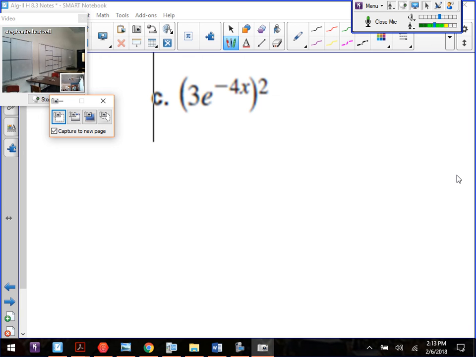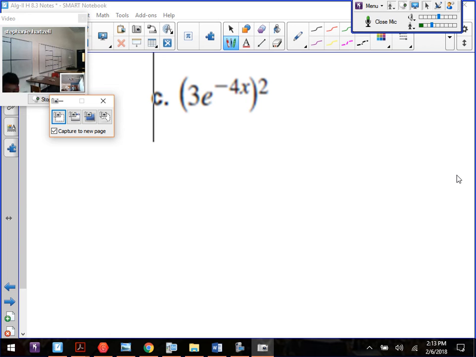This last style is the one that usually messes people up, because if you look at what you have here, you've got all of it being raised to the second power, and you have to treat it like you would any other variable. So you have 3e to the negative 4x. Well, that means we're going to distribute out our power.